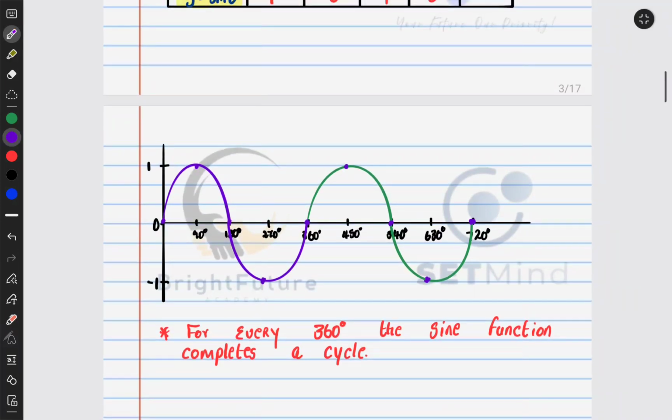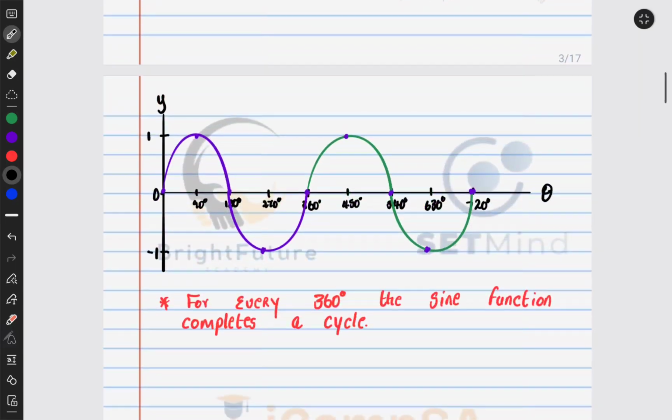Hopefully that helped in clarifying what a period is. This is our data axis. So the period of the sine function is 360 degrees.